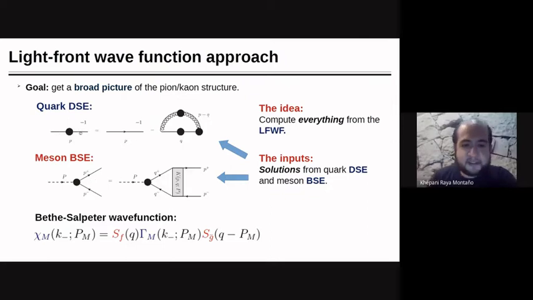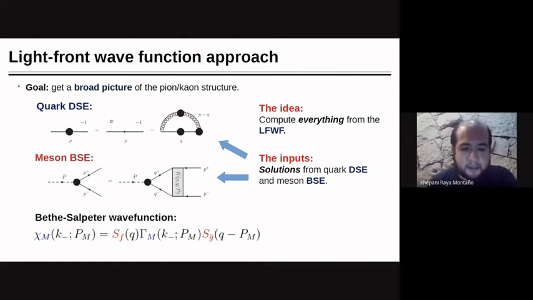The fully dressed quark propagator depends on itself, on the quark-gluon vertex, and the gluon propagator. The meson Bethe-Salpeter equation depends on the fully dressed quark propagators, but also on a quark-antiquark scattering kernel. So this is an infinite tower of coupled equations.